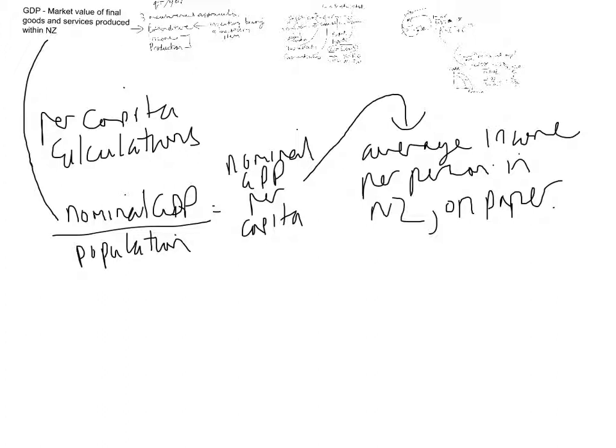So what you can do is calculate the nominal GDP per capita for each of the regions, so per region, if you like. Then you can work out which region potentially offers you the greatest salary or wage or income. That's something I'd want to work out if I was thinking, where do I want to go and work?